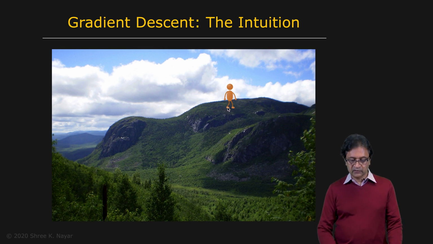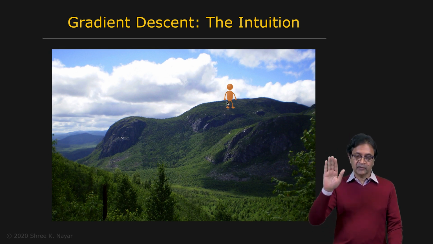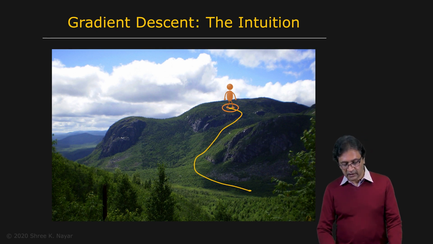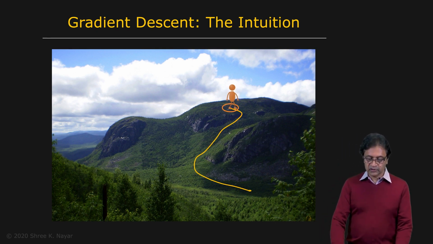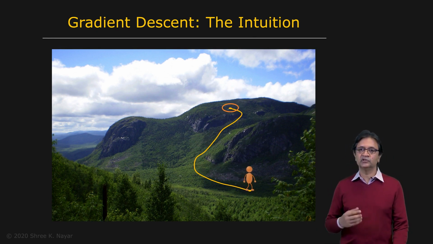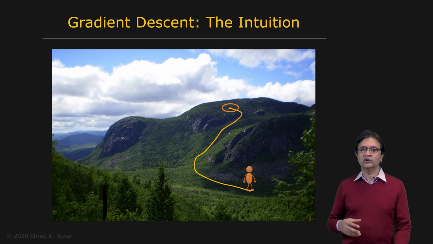You find the gradient of the terrain, which points in the direction of steepest climb, but you then move in the opposite direction. If you simply repeat that, you're going to end up at the lowest point in the terrain. So that's just to give you a geometric intuition for what gradient descent does.